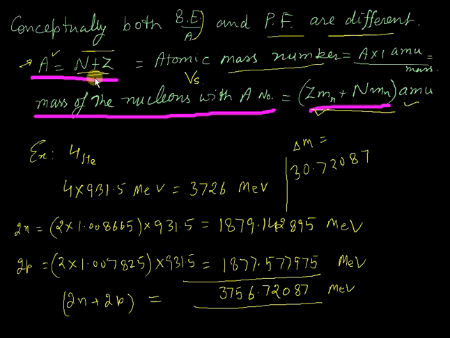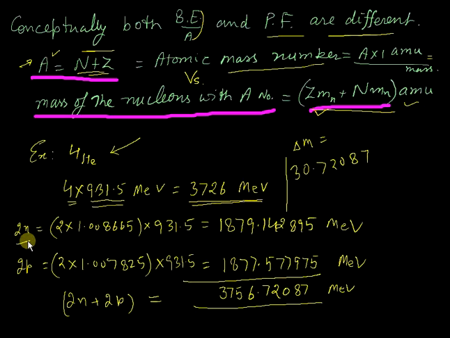So in this particular section of the video, I am focusing on the fact that the atomic mass of the nucleus and the mass of the constituents are totally different. Taking the example of the alpha particle, 4 is the atomic mass number, and 931.5 MeV is 1 AMU. If I multiply these numbers, I get 3726 MeV.